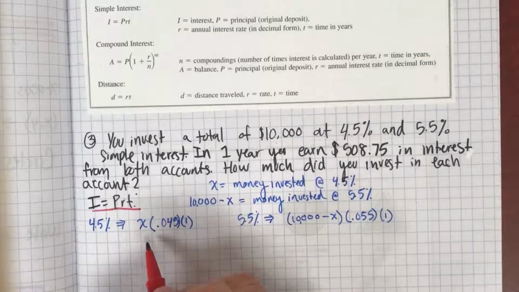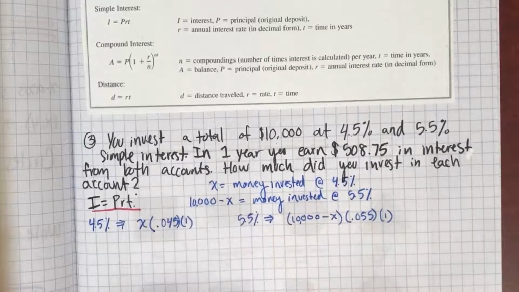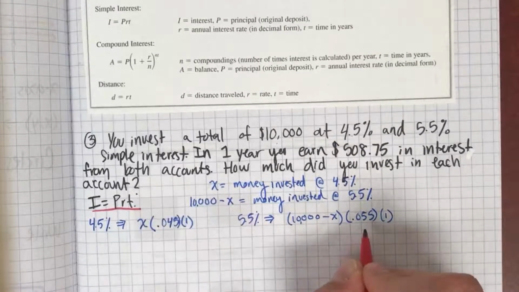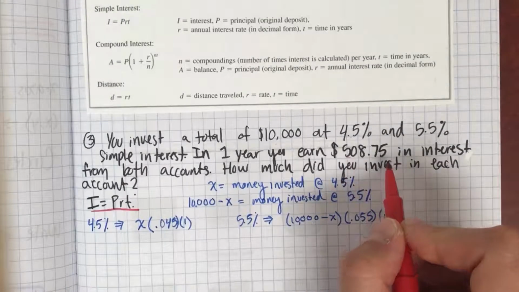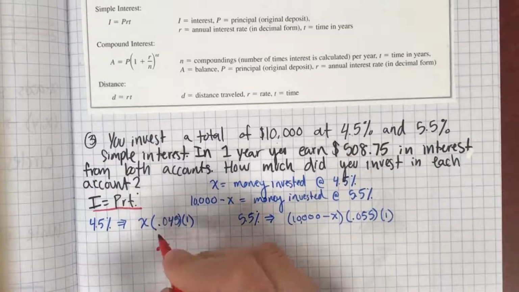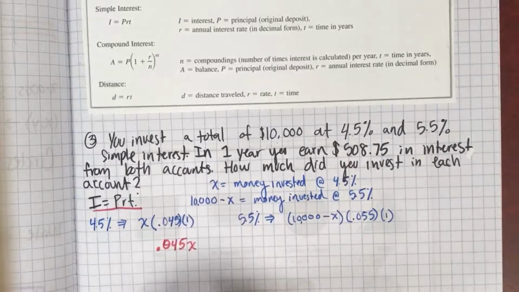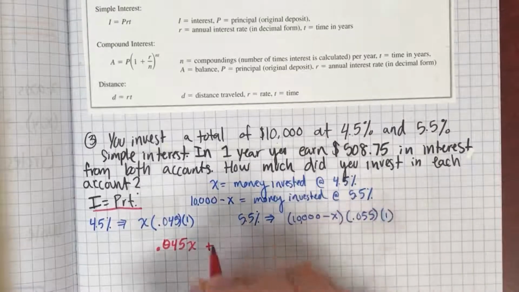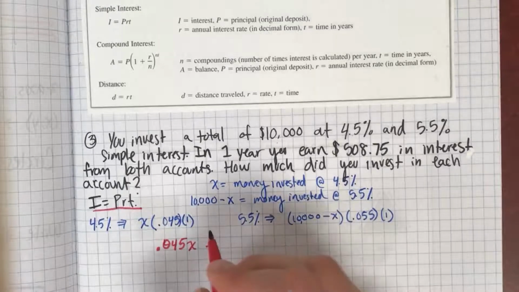So we can go ahead and solve this. We know my interest from both of these was $508.75. So I'm going to go ahead and simplify this. So I've got 0.045x, and then I'm going to add, and I'm just going to distribute this so we can get rid of those parentheses. Actually, let's keep it.